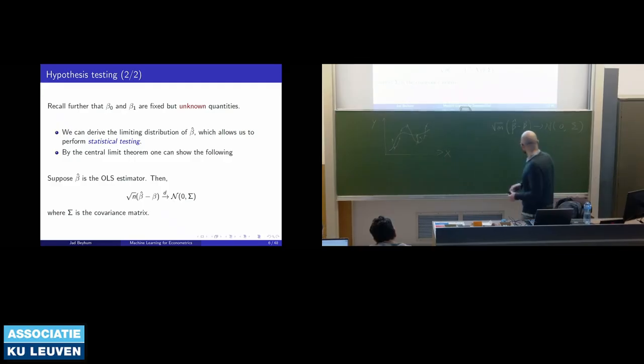Another way to write this, which is not fully rigorous, is essentially to say that beta hat is going to have a distribution that is a normal with mean beta and variance sigma over n. I just put the beta on the right-hand side and divide by square root of n.